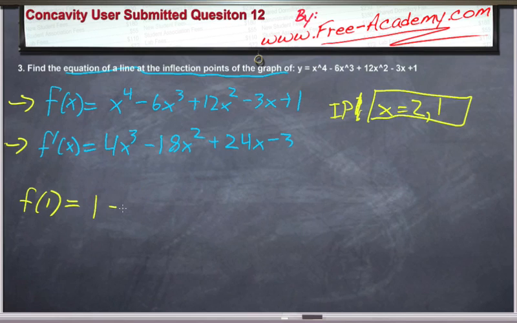This is 1 to the fourth minus 6 times 1 plus 12 times 1 minus 3 times 1 plus 1. And that's going to be negative 9 plus 14, which is equal to 5. So we have one point at 1, 5.